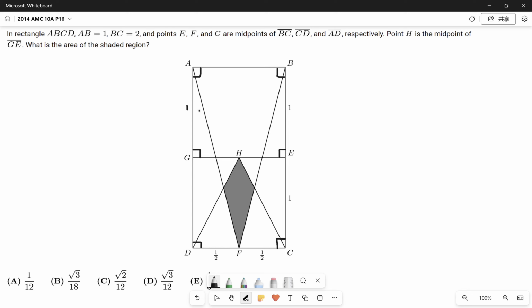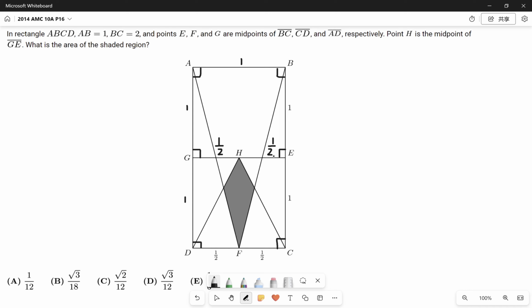So we know that ABEG is going to be a square because AB is 1, and GECD is going to be a square because we also know GD is 1. And GH is going to be 1/2, HE is going to be 1/2.